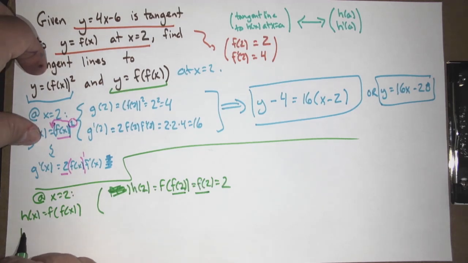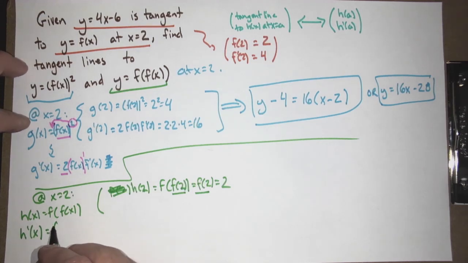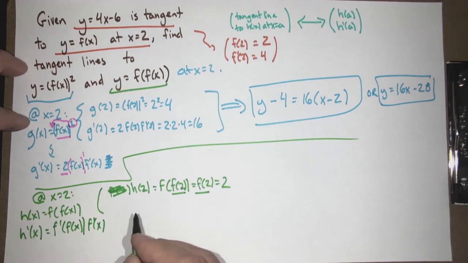What is h prime of x? f prime of f of x times f prime of x. What rule was that? Chain rule.